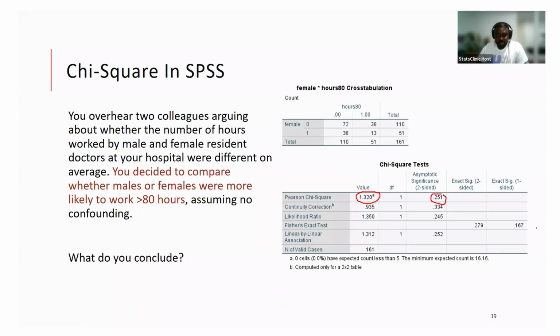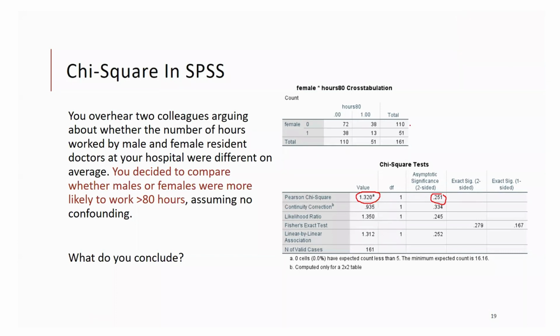Excellent. So it means that, based on the p-value of 0.251, the gender is not associated with working for more than 80 hours. Excellent response. Gender is not associated with working for more than 80 hours.